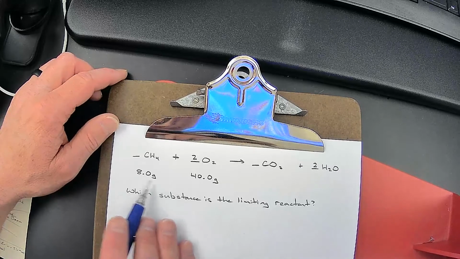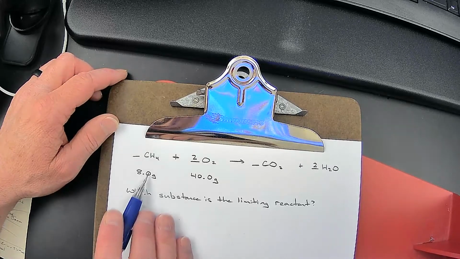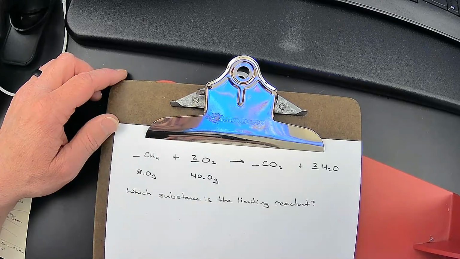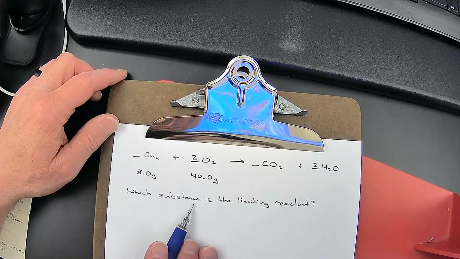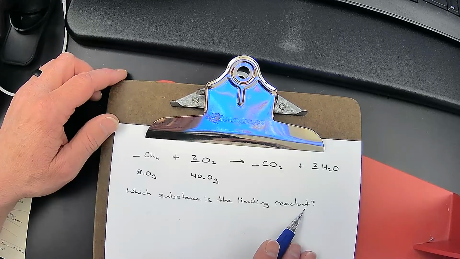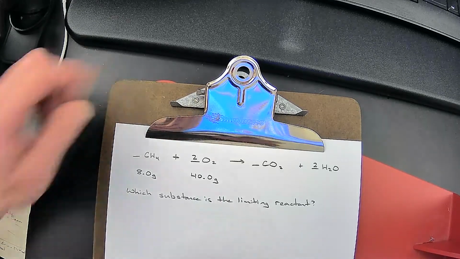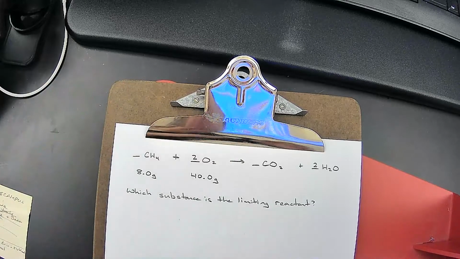The problem gives us that we start with 8 grams of CH4 and 40 grams of O2. The question is, what substance is the limiting reactant? We know what we're starting with, but one of these will limit the reaction.